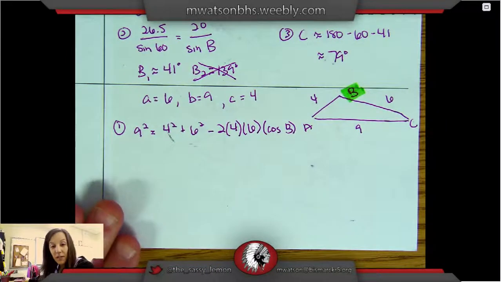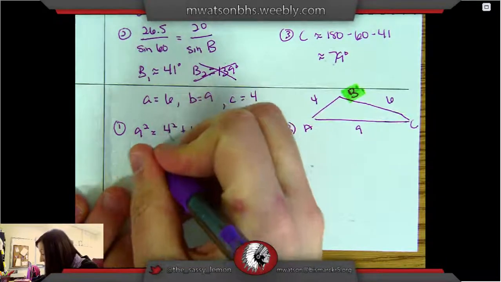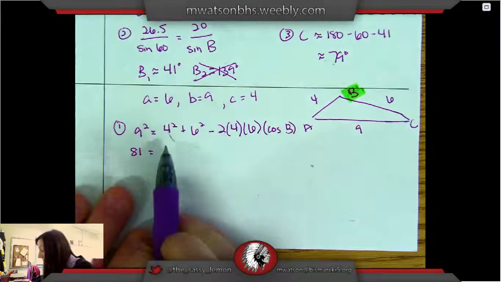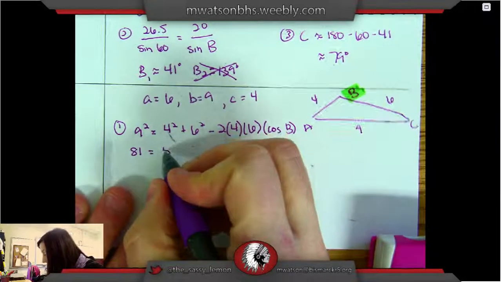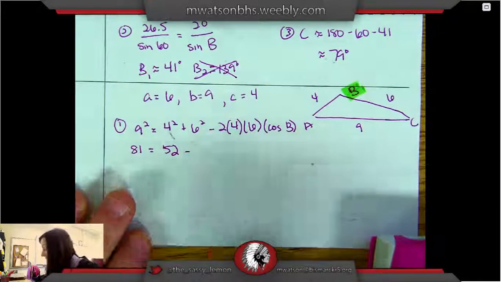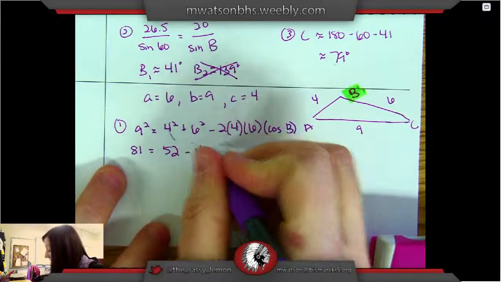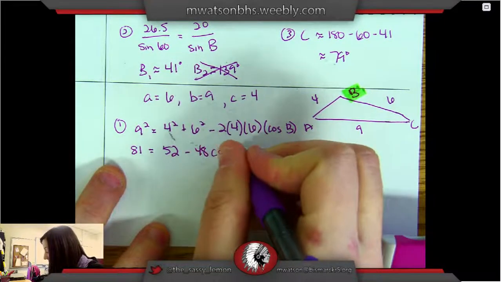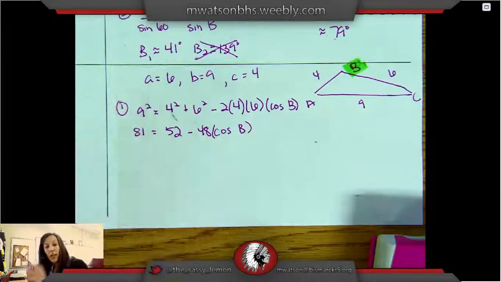So now we're going to solve. I'm going to go ahead and square all these. So I get 81 equals 16 plus 36, which is 52, minus 8 times 6 is 48 cosine of B. And I'm putting parentheses around cosine of B so you remember it's a unit.